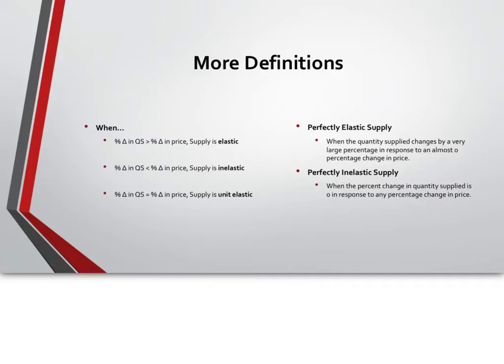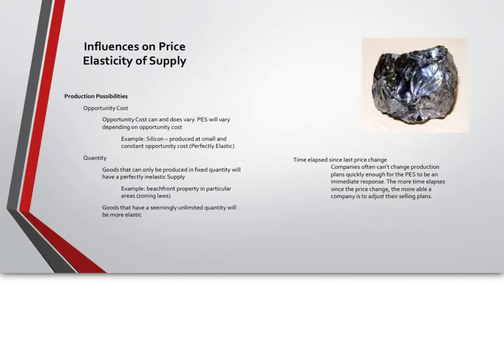And believe it or not, we're actually going to see an example of perfectly elastic supply and a concept for perfectly inelastic. What you see up here is actually silicone, and that's the example we're going to give for a perfectly elastic supply.